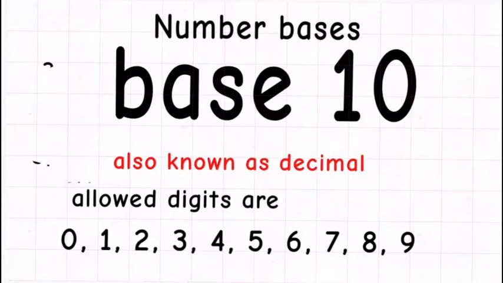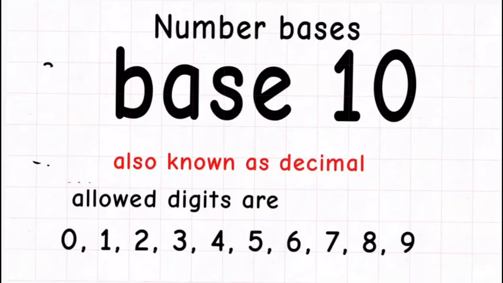But before we talk about binary, if we look at it carefully, we should know that in base 10, the only digits that are allowed are the digits 0, 1, 2, 3, 4, 5, 6, 7, 8, and 9. There is no digit to represent the number 10. No special digit for the number 10 in base 10.